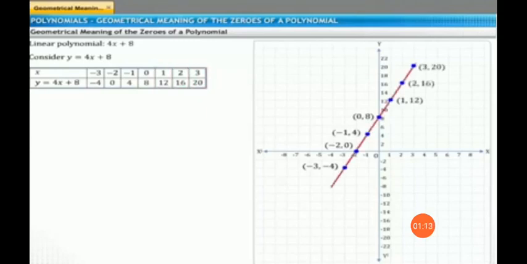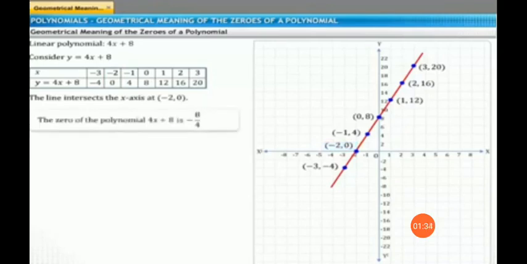Joining all of them gives us a straight line which intersects the x-axis at one point, that is -2 comma 0. That point is known as the zero of the polynomial. The x-coordinate of the point is the zero of the polynomial. Algebraically also we find the zero of the polynomial as -2.